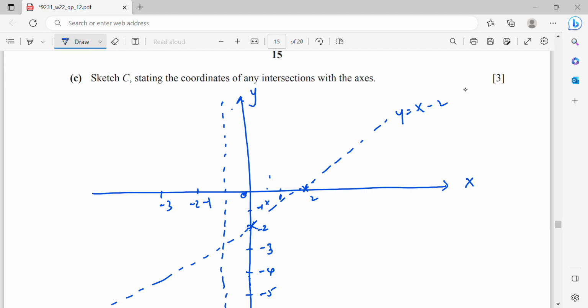So we know that for x 0, your y is 0. Okay, so make sure you draw a smooth curve and never touch the asymptote when it tends to infinity.